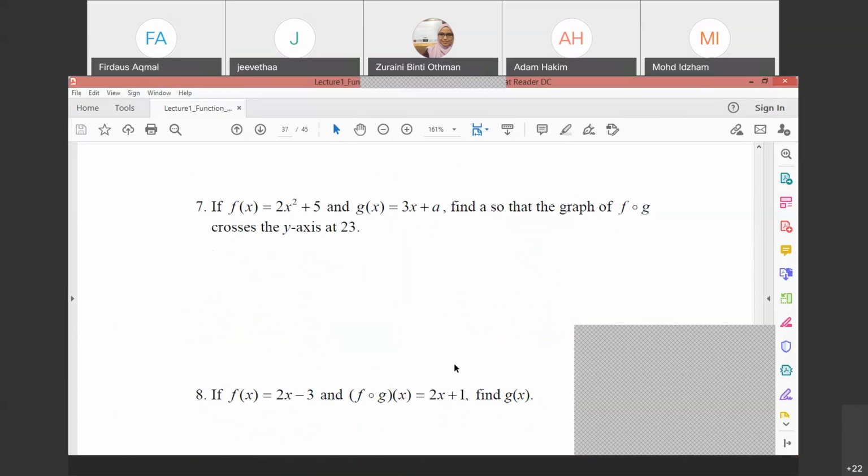7. Find so that apa ni? Okay, if fx sama juga dengan equation tu, gx sama juga dengan equation tu, lepas tu dia cross dekat y axis sebanyak 23. Macam mana dapat jawapan ni?